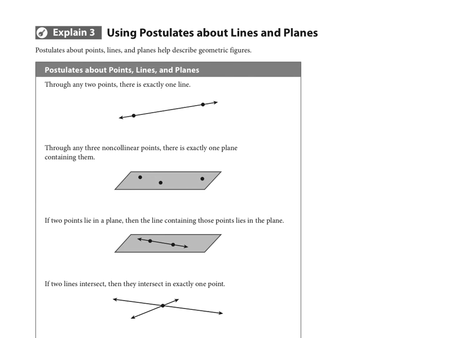Okay, I'm on page 50 here with Explain 3, where it's talking about using some more geometry with lines and planes and talking about postulates that kind of are always true when those things are interacting. Points, lines, and planes, as you know, are the building blocks of geometry, so it's important to know how they behave when they kind of get together in the same diagram, okay?